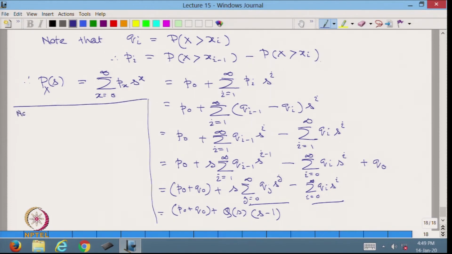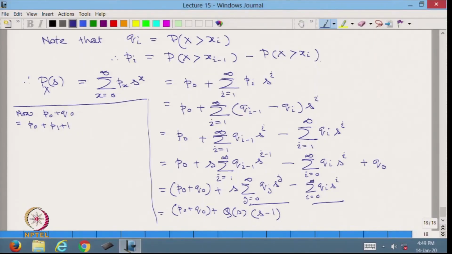Now, P0 plus q0 is equal to P0 plus probability x greater than 0, which is equal to P1 plus P2 plus P3 up to infinity, which is equal to 1. Therefore, P(s) is equal to 1 plus q(s) into s minus 1.